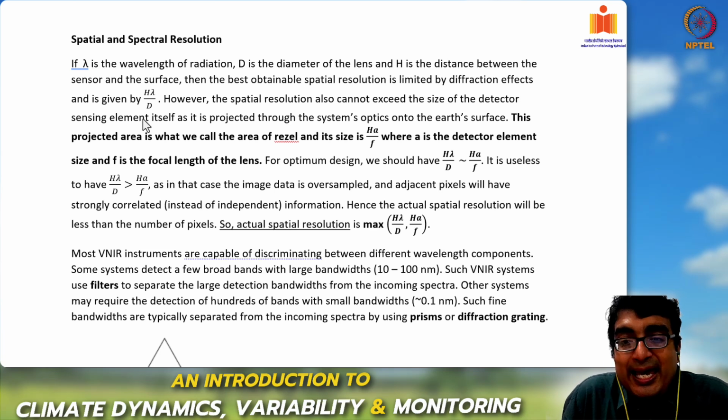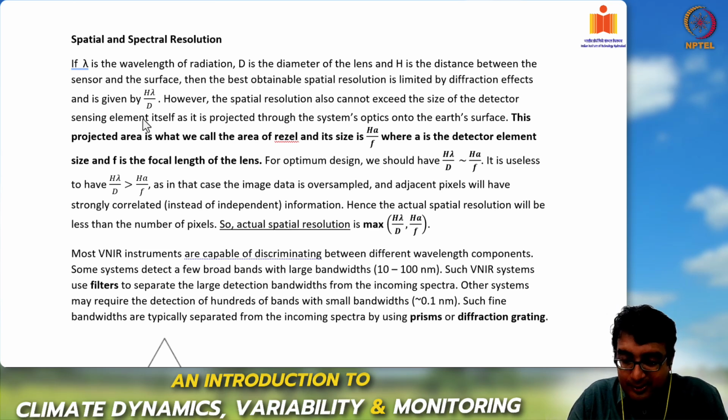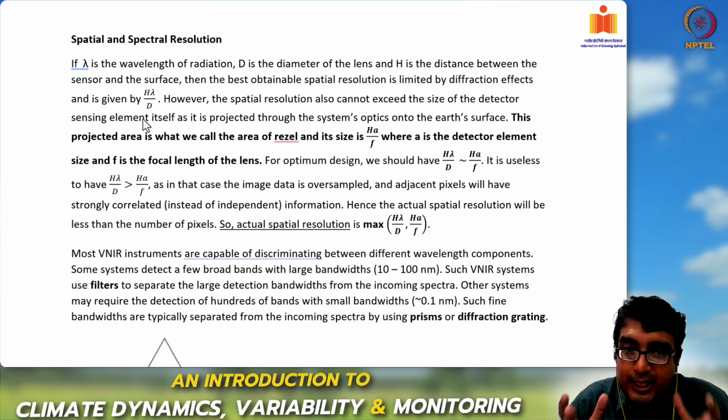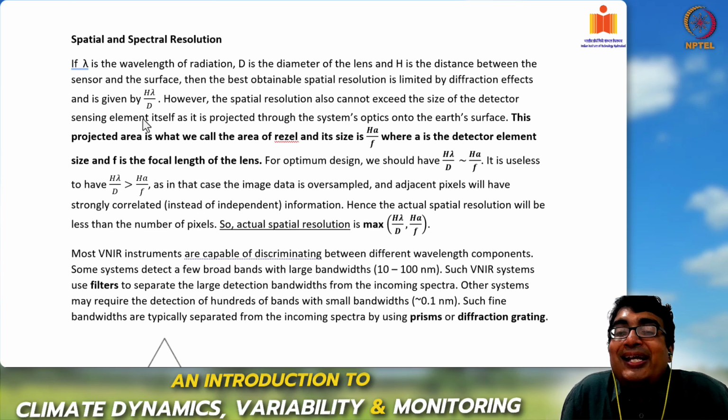So if A is the detector element size, h is the distance between the satellite and the earth, and f is the focal length of the lens, then the size of the resel, and this is the resel definition, is hA by f.